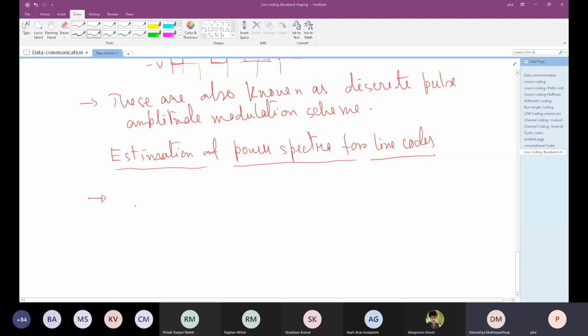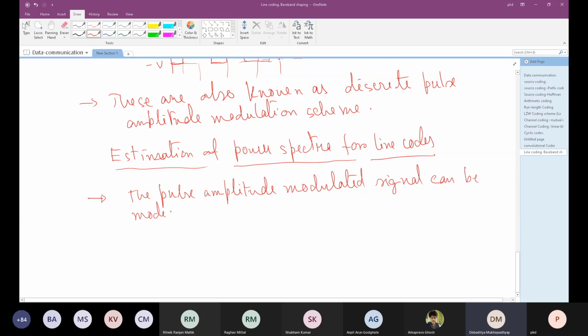This pulse amplitude modulated signal can be modeled as a modulated pulse train.